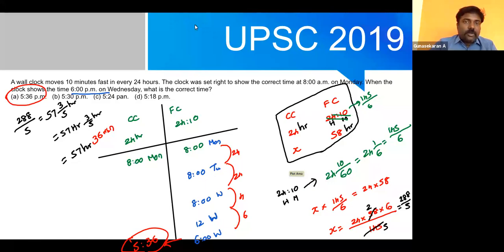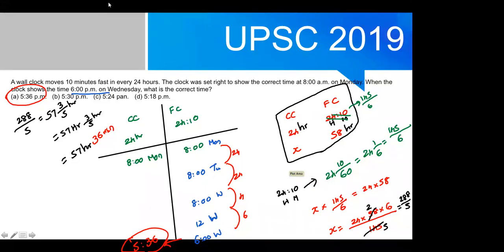One more question, if you see, you will understand clearly. Yeah, I understand it is a little bit tough question. You have to practice a lot. First, understand the question.